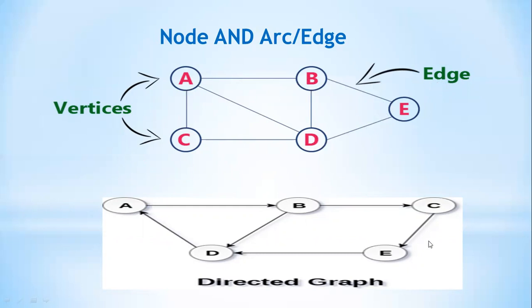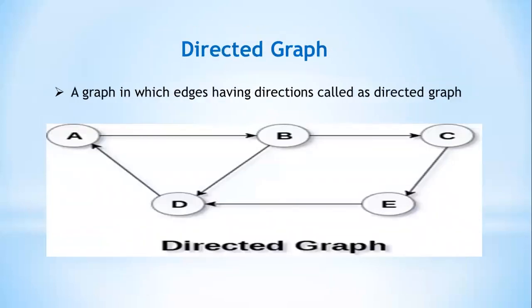Now this is the second example. Here also A, B, C, D, E, all these are nodes. A to B is one edge, B to C is one edge, C to E is one edge. So these all are edges. So nodes plus edges is equal to graph. Now, there are two types of graph you can have.